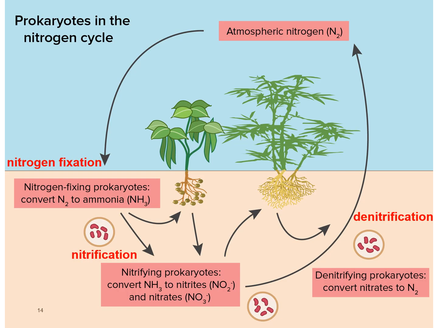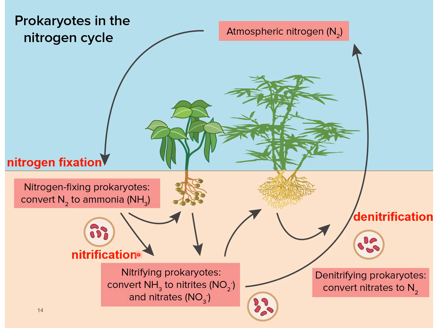Just a nice picture, showing you the nitrogen gas in the air, which we can't do anything with. And then nitrogen fixation: here we've got a legume plant, maybe some rhizobium bacteria, and they're able to convert the nitrogen gas into ammonia, which then can be used to make some organic molecules like proteins and nucleic acids.